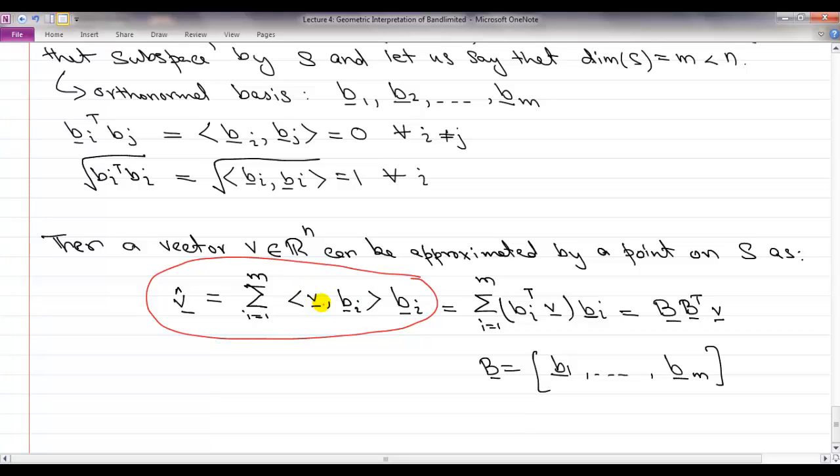In finite dimensional, it is very well defined, nothing to extend. In vector spaces, in general vector spaces, we have similar notions. We have notions of basis, we have notions of dimension, and we have notions of projection.